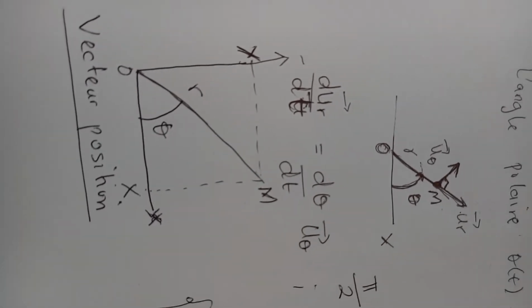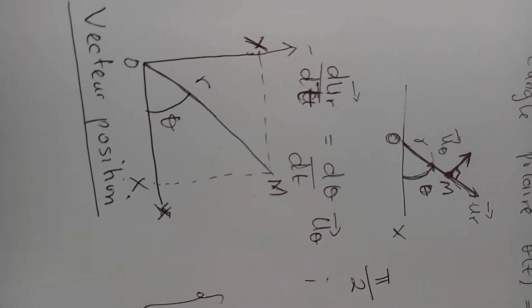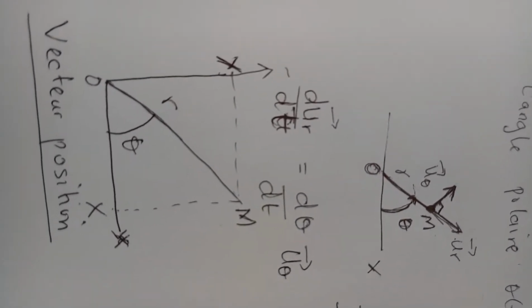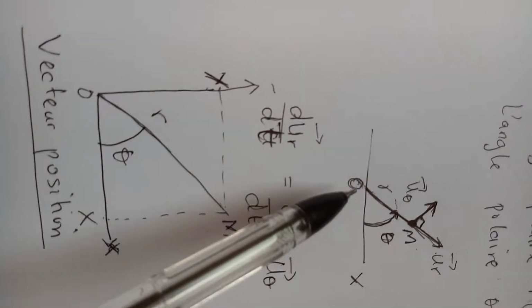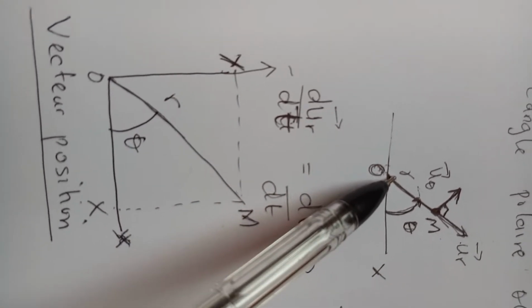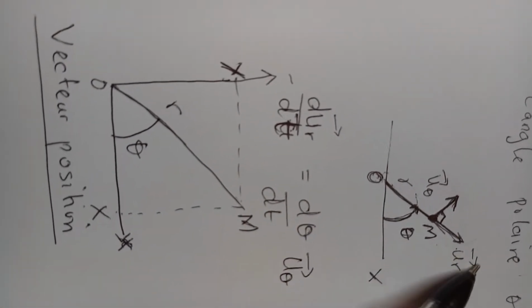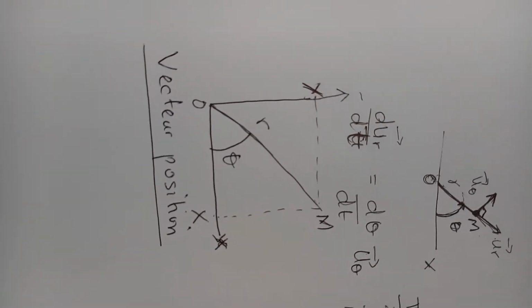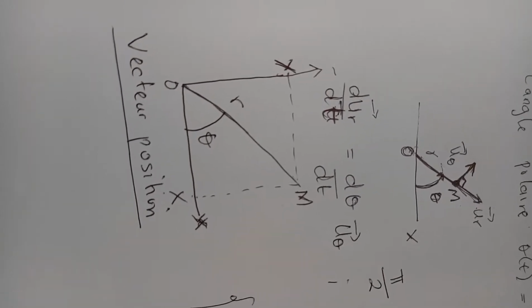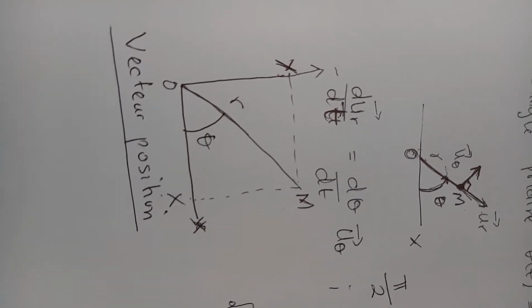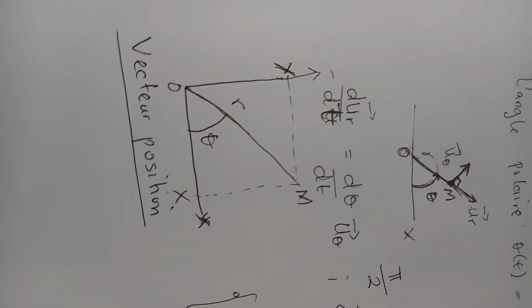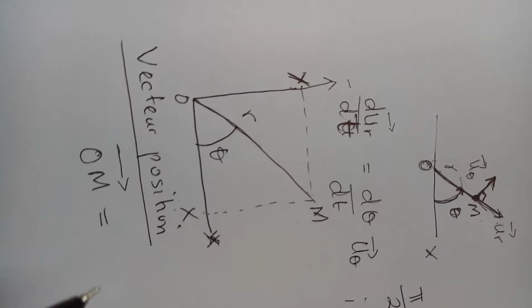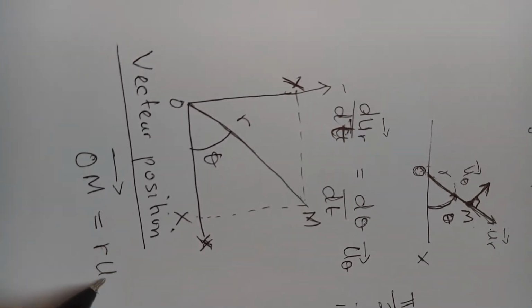To find the position vector, we use r as a function of time, r(t), and u_r, the unit vector. So the definition of the position vector is OM vector equals r u_r.